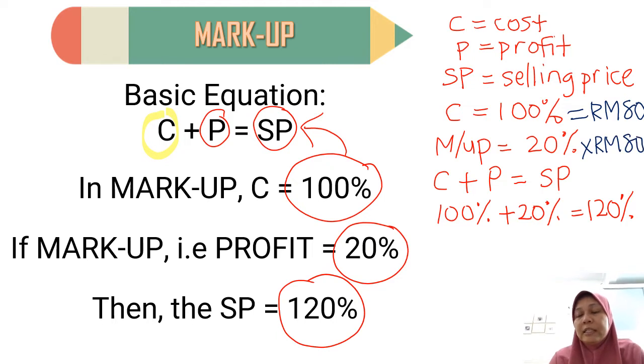That will give us the value of markup, which in this case equals 16 ringgit. So cost is 80 ringgit plus the markup of 16 ringgit, and as such the selling price will be 96 ringgit.